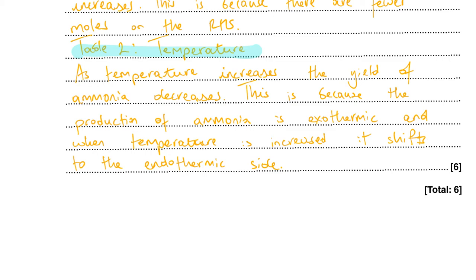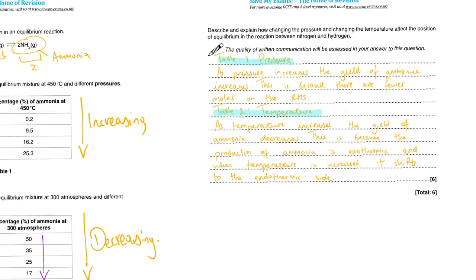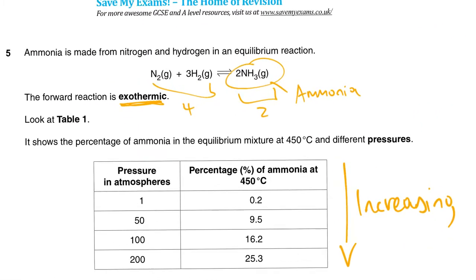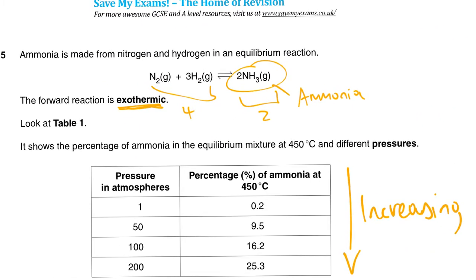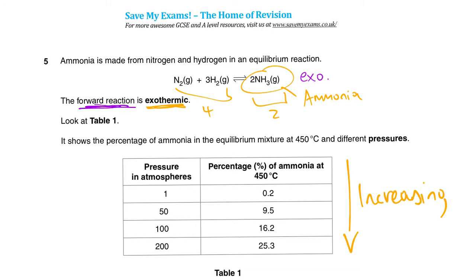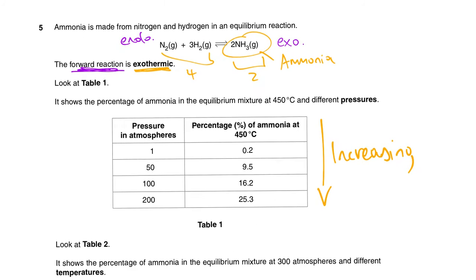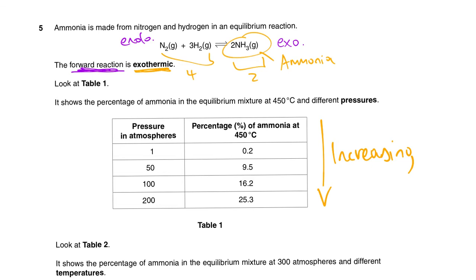And now I'm thinking of my rule. If I increase temperature, think of those notes we just made, I shift to the endothermic side. Well, I can see from this reaction, it is exothermic for the forward reaction, which means the reverse must be endothermic. So if I'm increasing temperature and I'm going to shift to the endothermic side, I'm actually shifting to the left, away from ammonia.